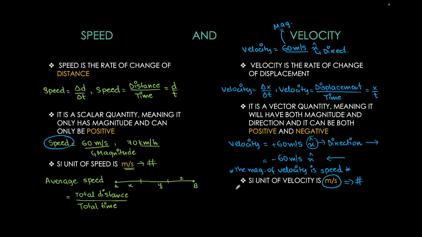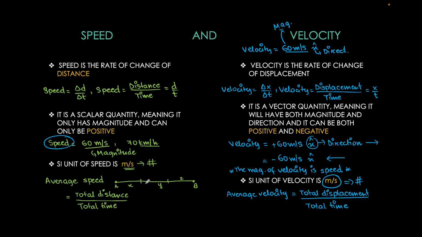And finally, I would also like to introduce the concept of average velocity. Since we have the concept of direction now, average velocity will be what? Total displacement by total time, right?